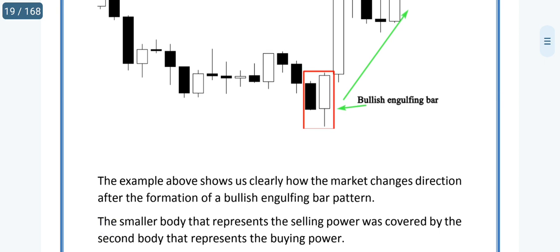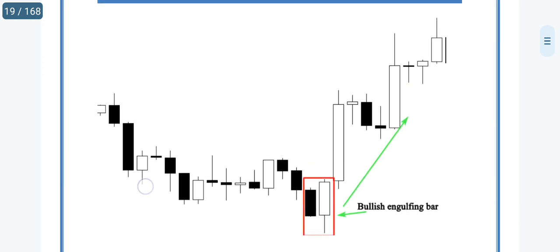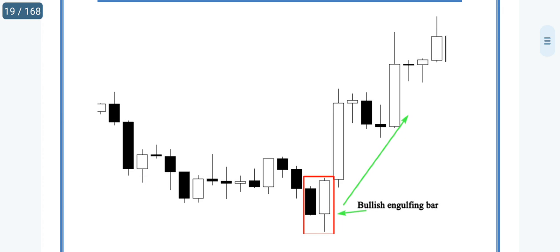The example above shows us clearly how the market changes direction after the formation of a bullish engulfing bar pattern.